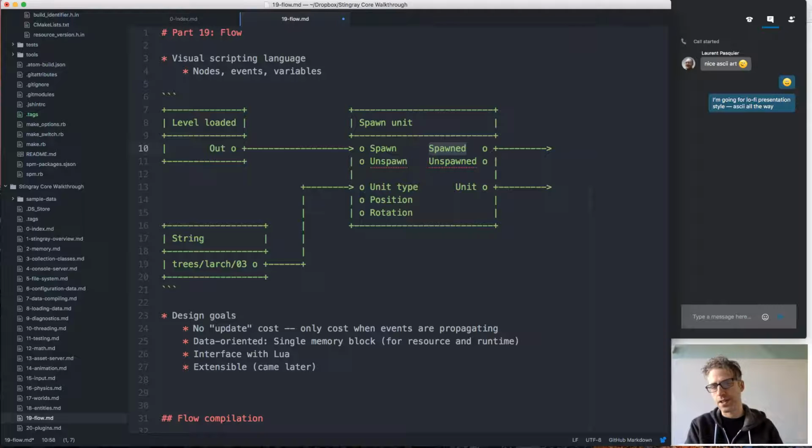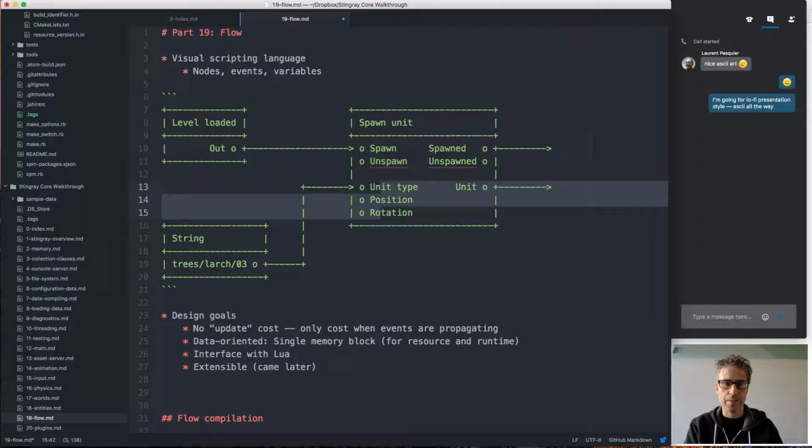The node will do its stuff, which means it spawns the unit, and then once the unit has been spawned, this out connector will be triggered. So then some other node could take over and do something with the unit that we just spawned. So the execution flow in the Flow graphs flows through these event connectors.